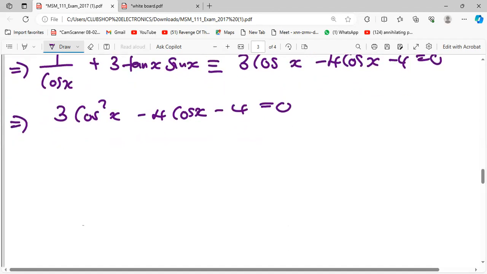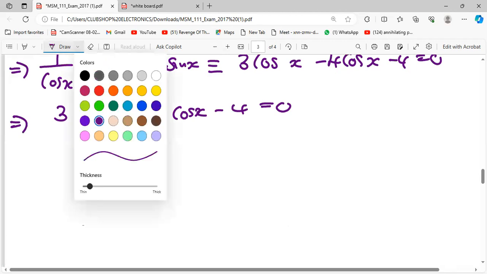Now, look at that, this is like a quadratic equation.